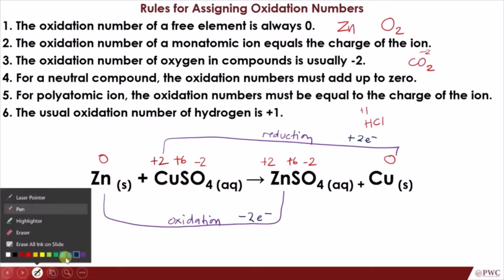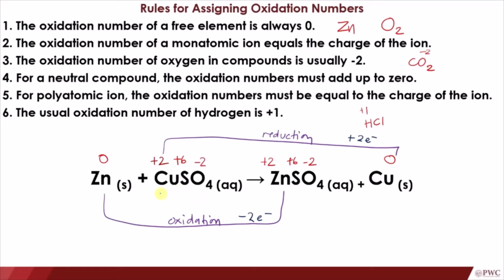So we say that here copper is our oxidizing agent. It's the one that caused the oxidation of zinc. On the other hand, this copper has been reduced because of the zinc. So zinc here is our reducing agent.